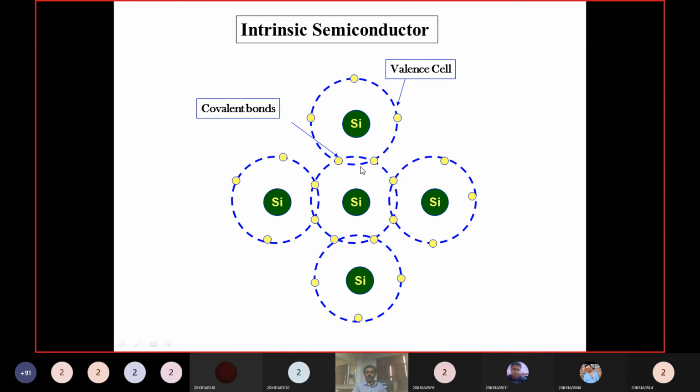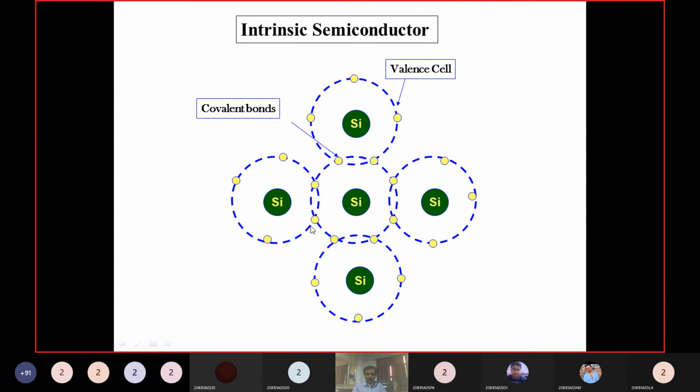So they bond with the surrounding atoms. Suppose I take this silicon atom, which has 4 electrons. It bonds with this electron as well as this electron.